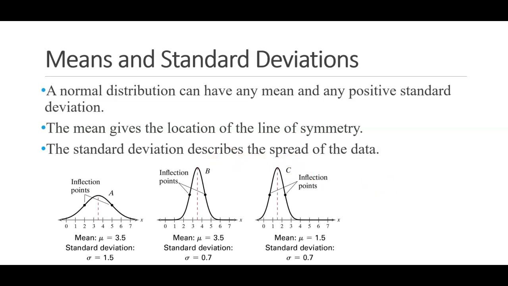The standard deviation describes the spread of the data. The more spread out it is, the more standard deviation you will have. In this case, it's not as spread out as the previous one, so it has less standard deviation. You see the standard deviation is 0.7, but here the standard deviation is 1.5.